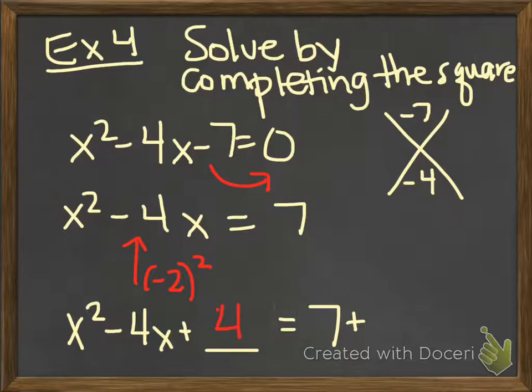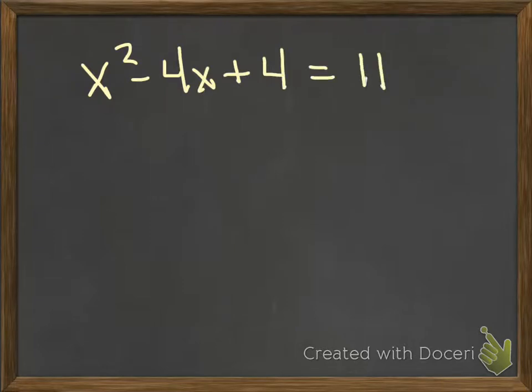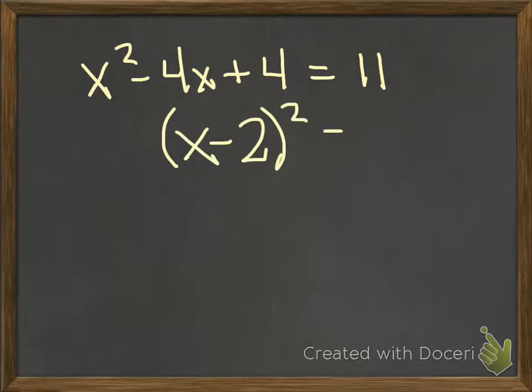If I add 4 to the left side, I have to add 4 to the right side. So now I have x squared minus 4x plus 4 equals 11. The reason I did all that was because x squared minus 4x plus 4 is a perfect square. It's x minus 2 quantity squared equals 11.